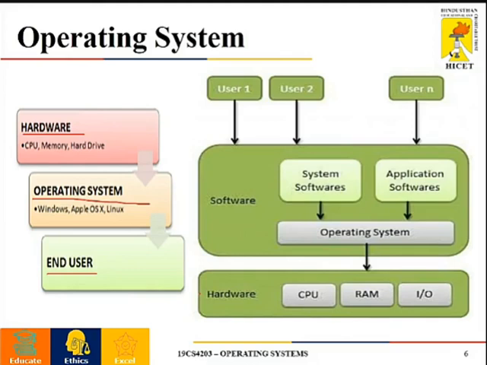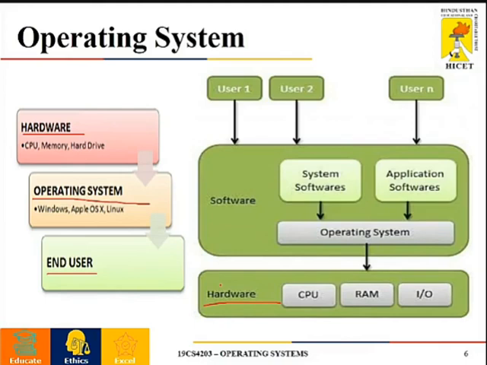So the bottommost layer, as you can see, is the hardware. The various hardware components like the central processing unit, the memory or the random access memory, RAM, and the input-output peripheral units, everything is present in the hardware layer. And just above the hardware layer, we have the software layer.